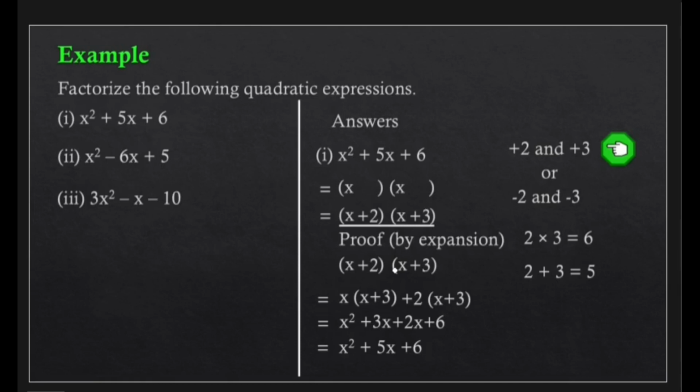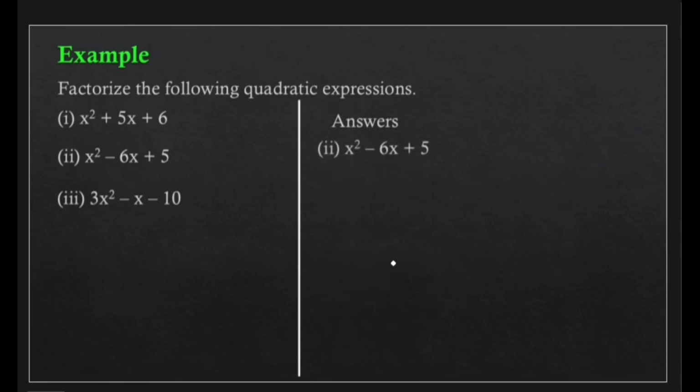Alright, so example 2 we will also do in a similar manner. We'll say equals, and we'll put brackets with x as the first term in the first expression, and x as the first term in the second expression, because we know this x here we got at this point by multiplication. Then for what to put here, we look at this term, positive 5.